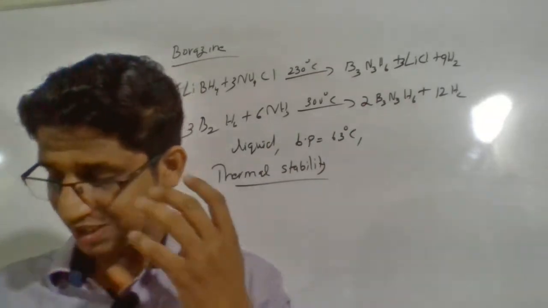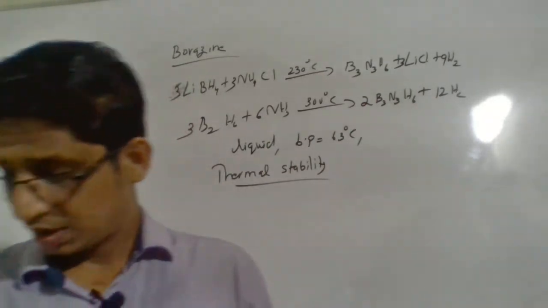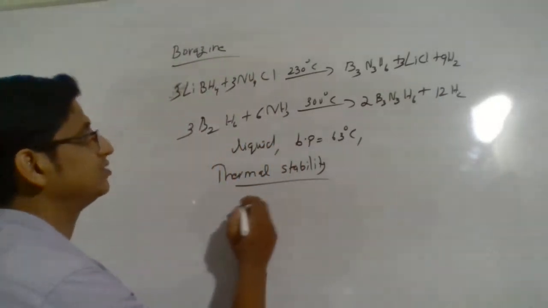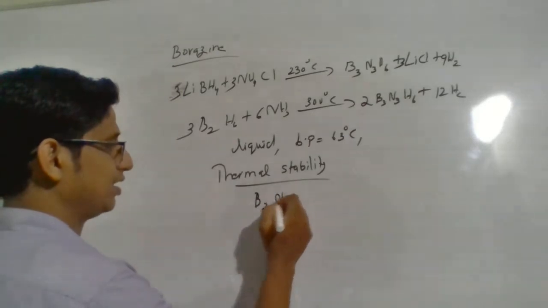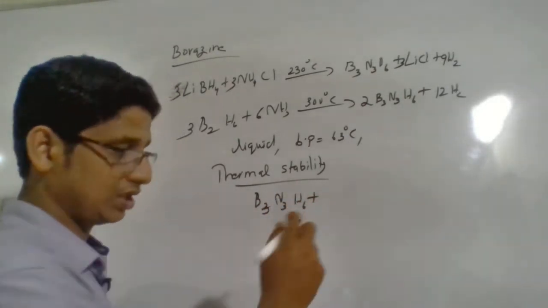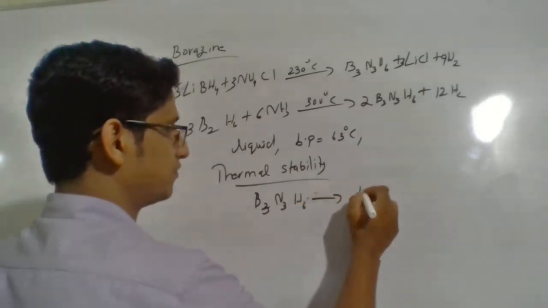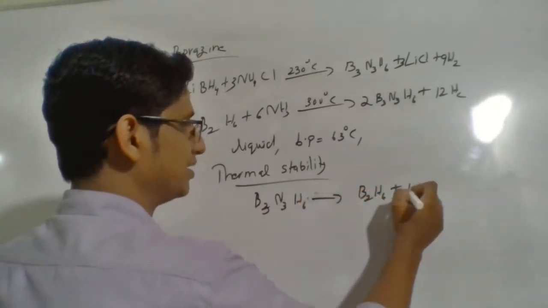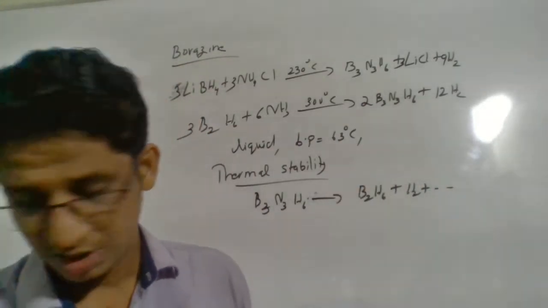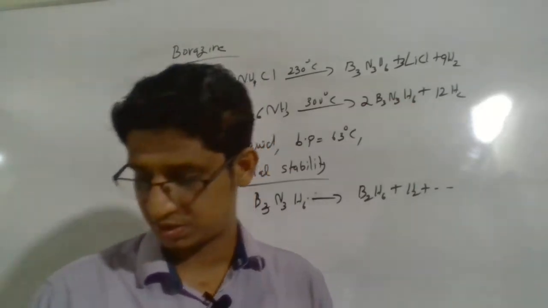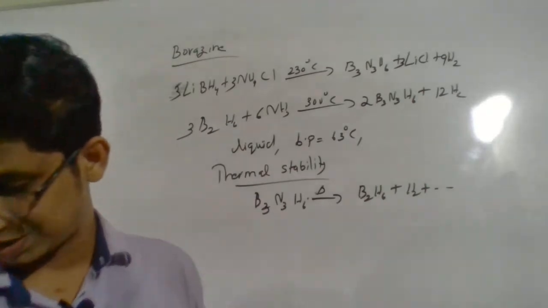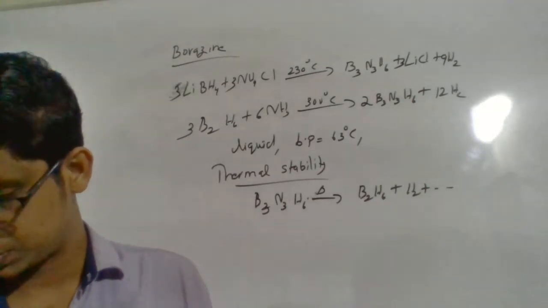Borazine, B3N3H6, on decomposition gives hydrogen, diborane, and some other volatile compounds. So that's the way it decomposes at a higher temperature.